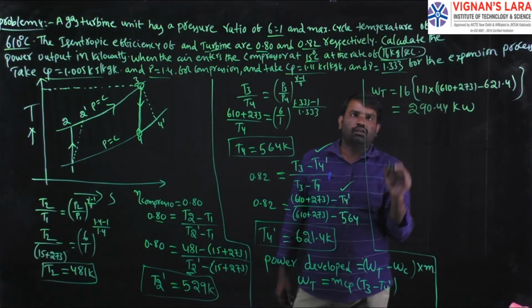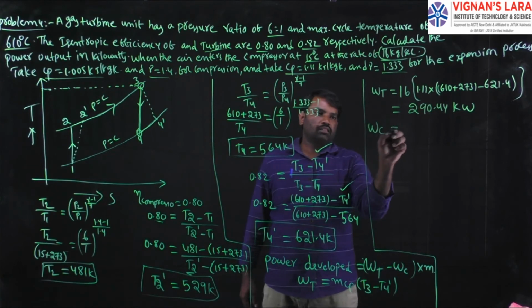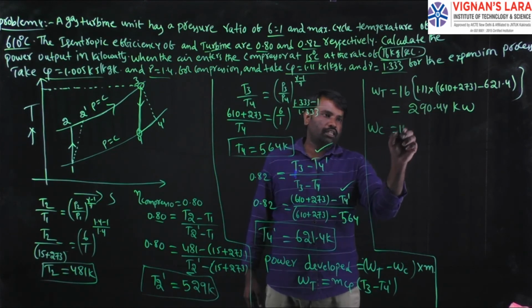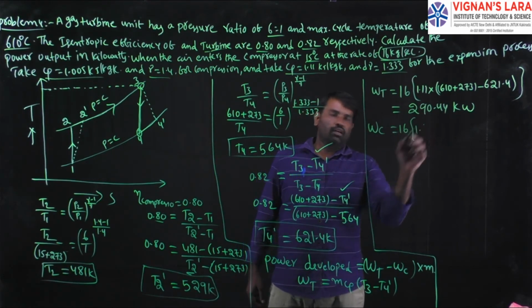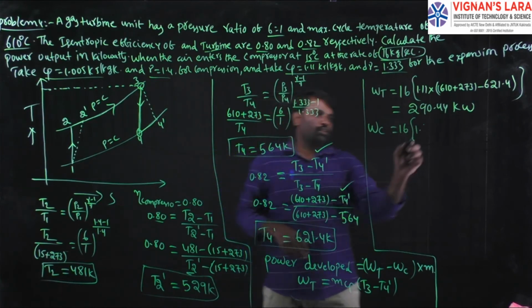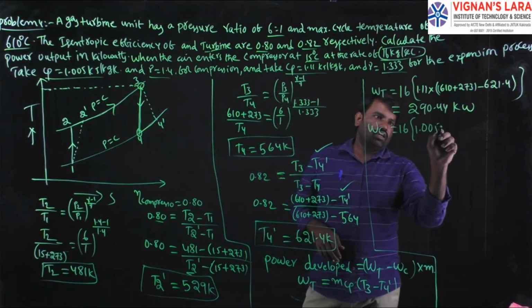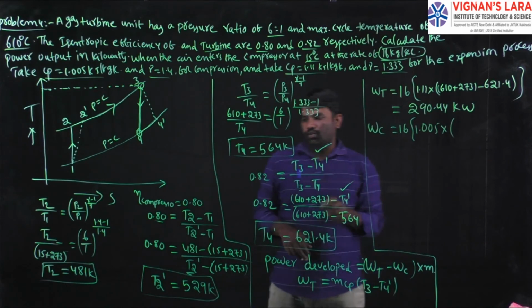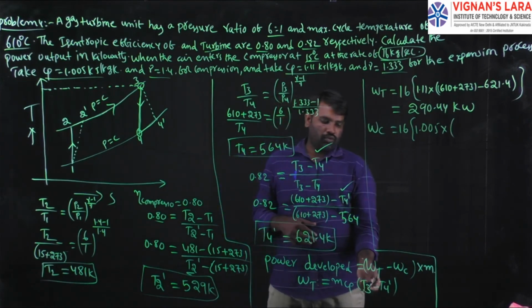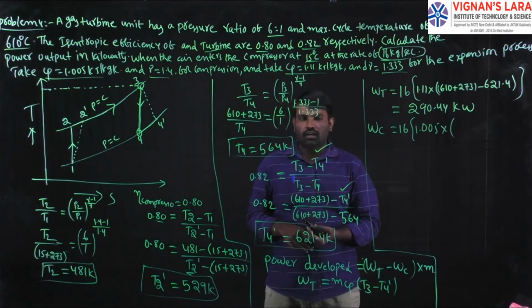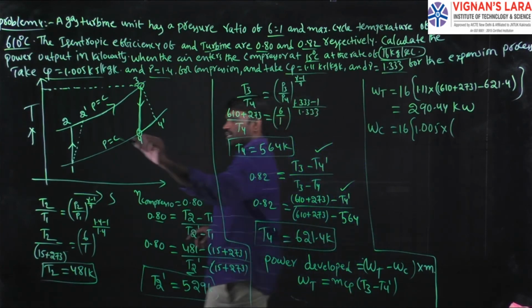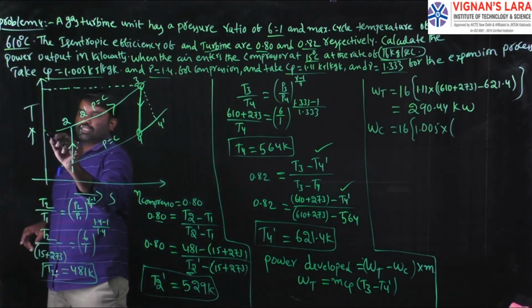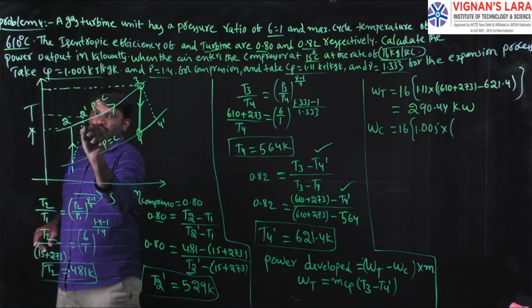Similarly, for the compressor we can determine it: 16 into 1.005, the Cp value, into T2 dash minus T1, is the compressor work input. We take T2 dash minus T1 because T2 is less than T2 dash.